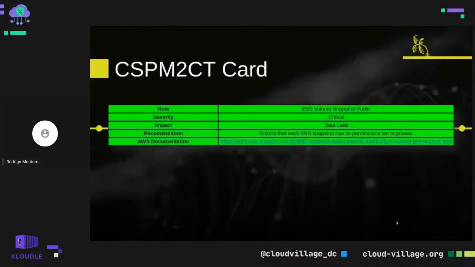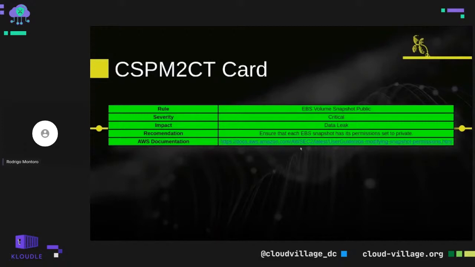What we did was start to build cards, so we have the rule, the severity, and the impact. That's something we added, because one important part when talking about detection is that having more metadata and more information makes the security analyst's life easier, and that's very important.